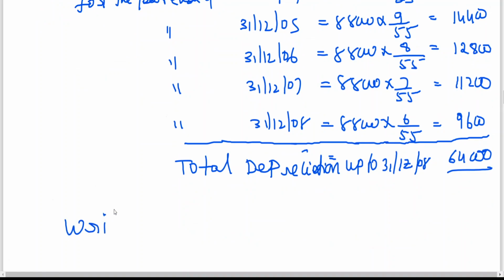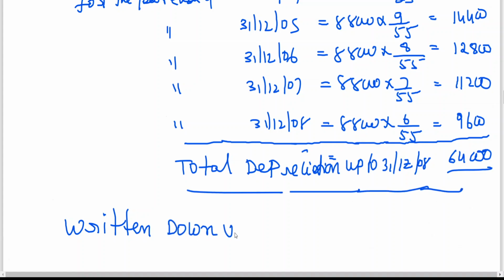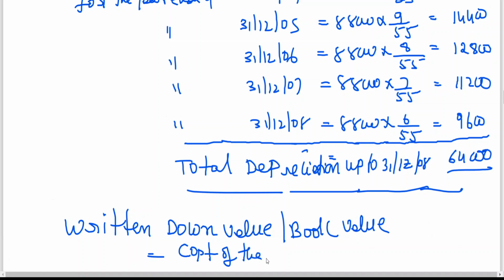Written down value. I've already explained it to you in the last class. Written down value or book value is equal to the cost of the asset minus depreciation up to 31st December 2008.